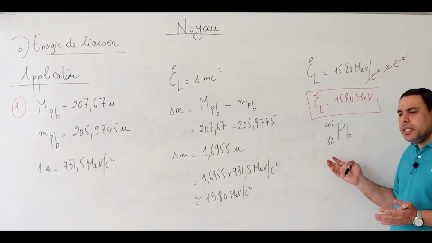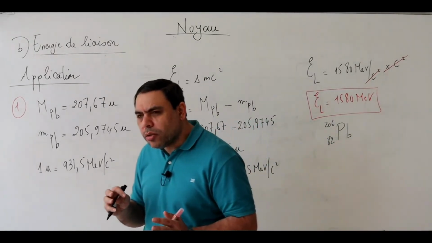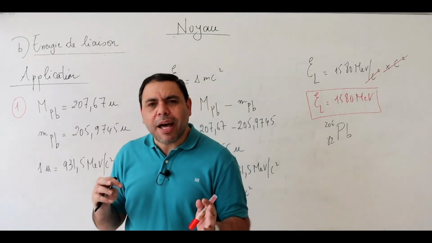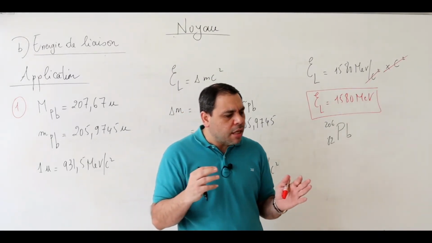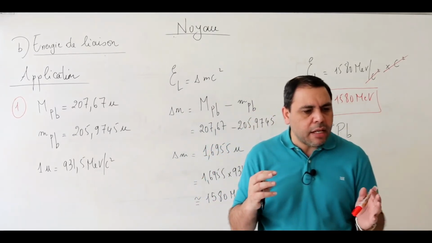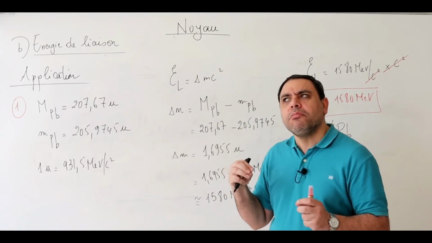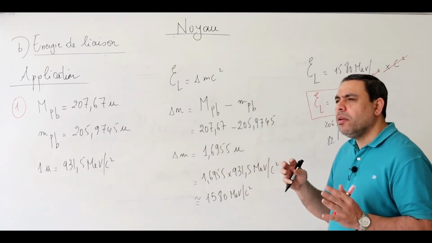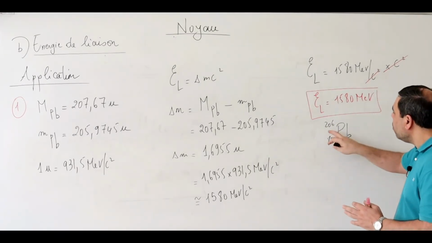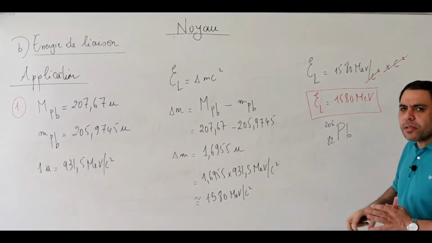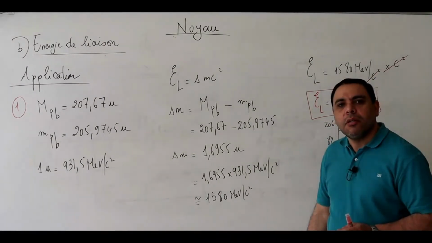If we want to calculate the binding energy per nucleon, or the average energy necessary for separating one nucleon from the nucleus. To separate all the nucleons, which are 206 in this case, we need to supply an energy of 1580 mega electron volts.